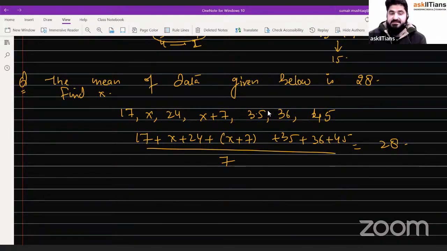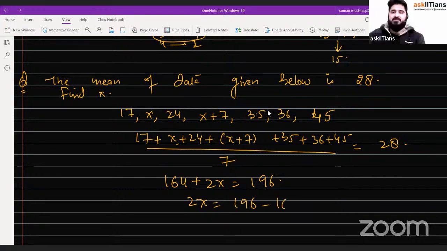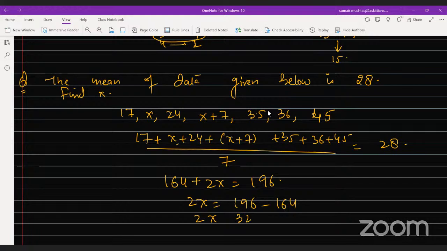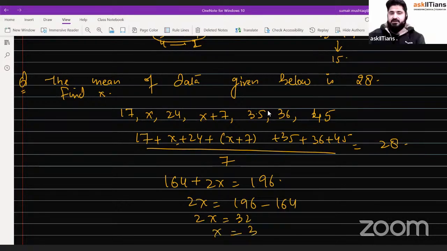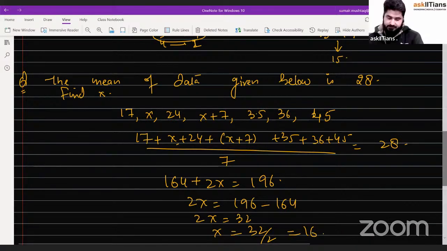The sum is 164, and here x plus x will be 2x, and 7 into 28 is 196, right? So 2x will be equal to 196 minus 164, so 2x will be 32. So x will be 32 divided by 2, that is 16. Simple. Okay, is that clear?